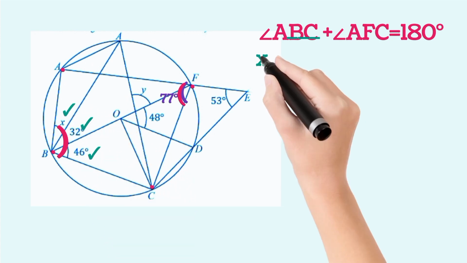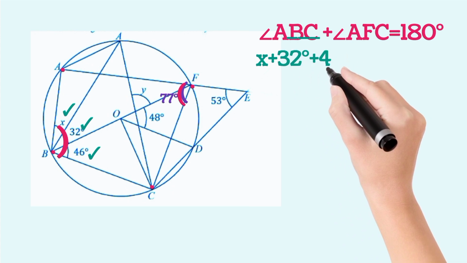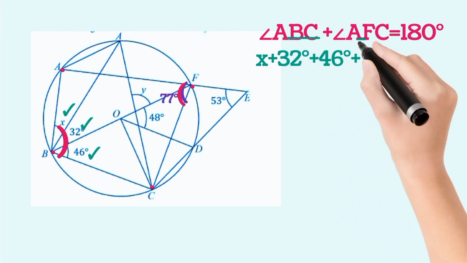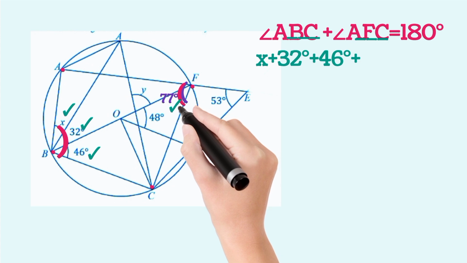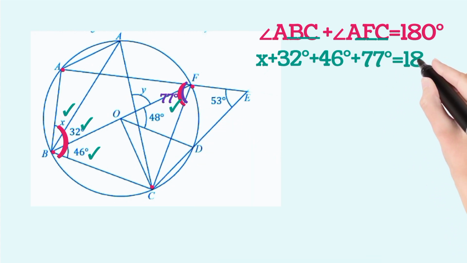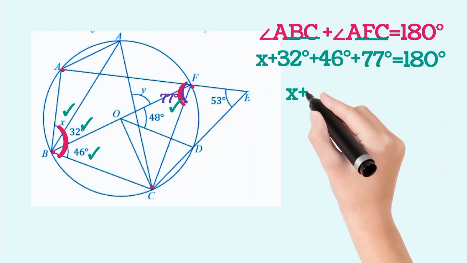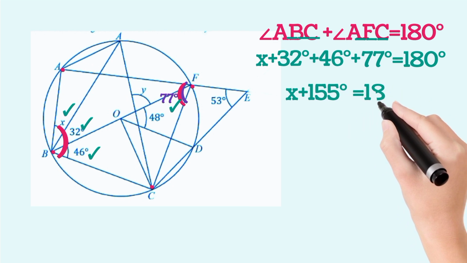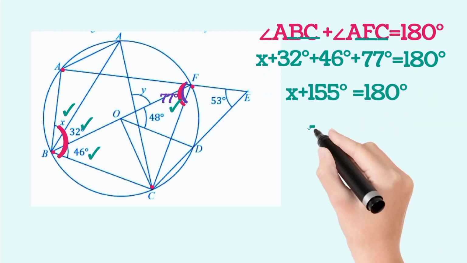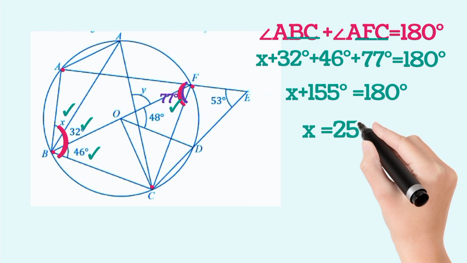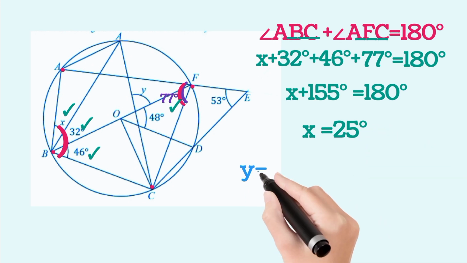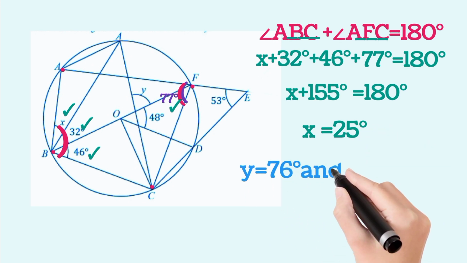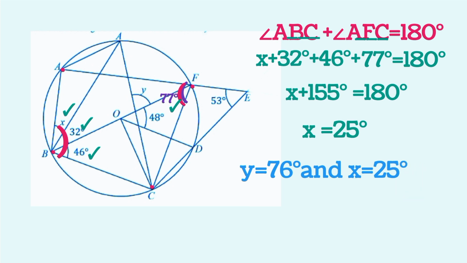So X plus 32 plus 46 degrees, and AFC is 77 degrees, which is equal to 180 degrees, which will give X plus 155 is equal to 180 degrees, or X is equal to 25 degrees. So the answer is Y is equal to 76 degree and X is equal to 25 degrees.